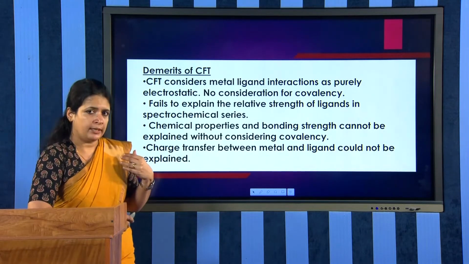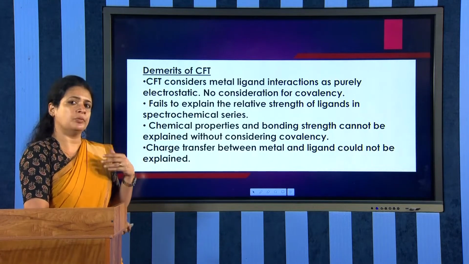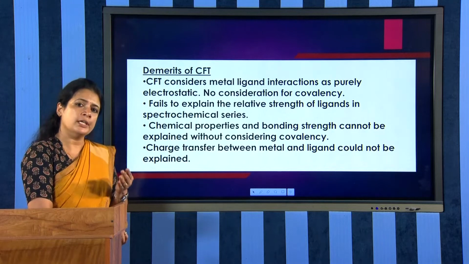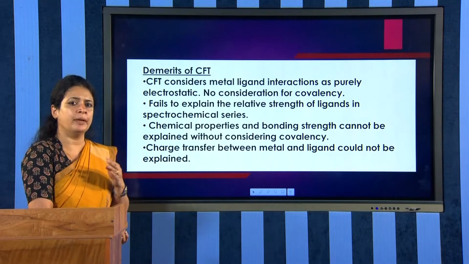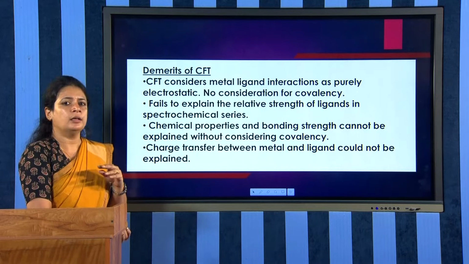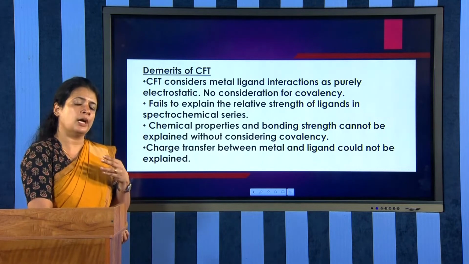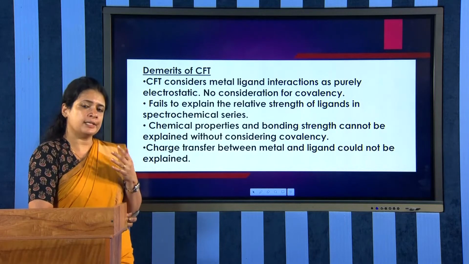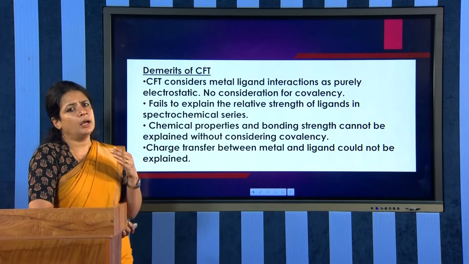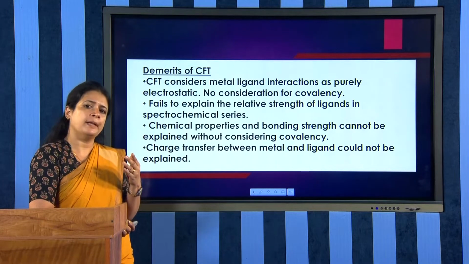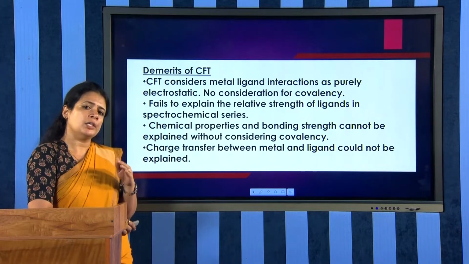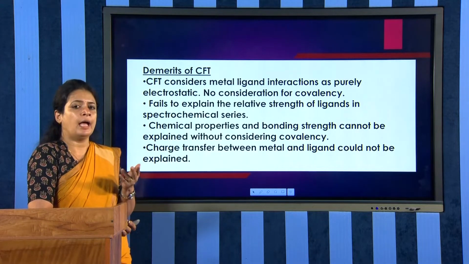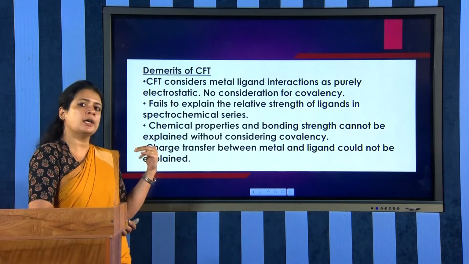Then what is actually charge transfer? In coordination complexes, the color is mainly due to the d-d transition, that is ligand field spectra. But some complexes which do not have any d-d transitions still show color, and that is mainly due to charge transfer.